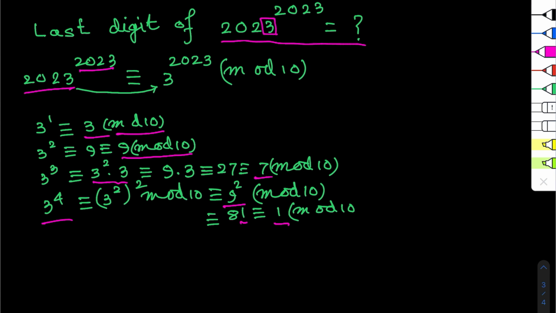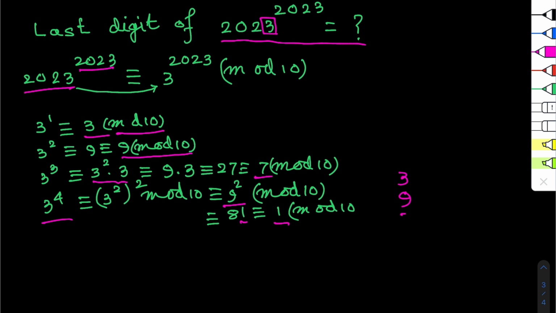So the remainder cycle is complete: the remainder cycle is 3, 9, 7 and 1.